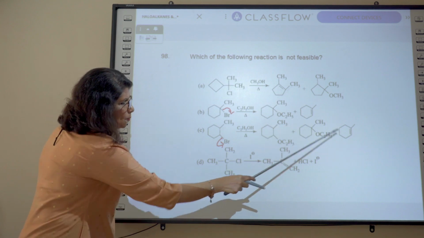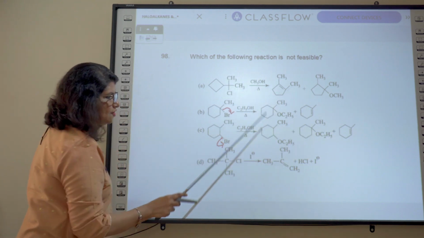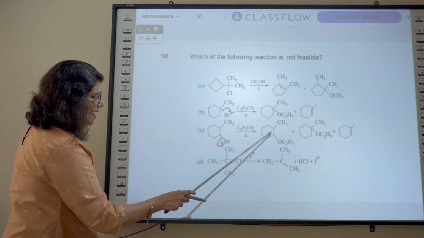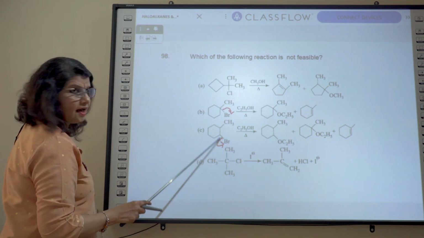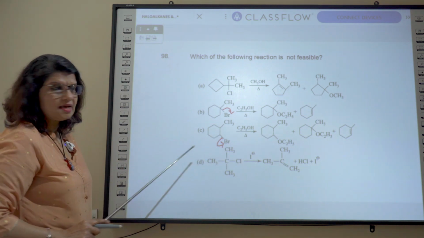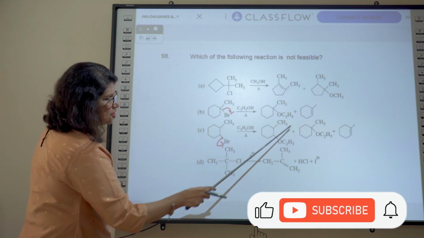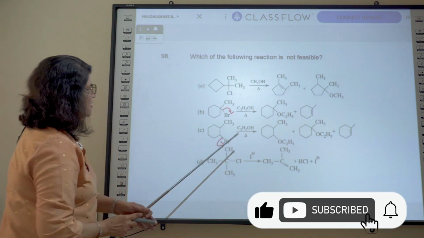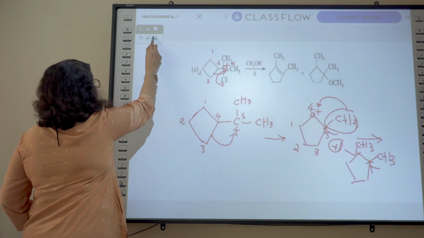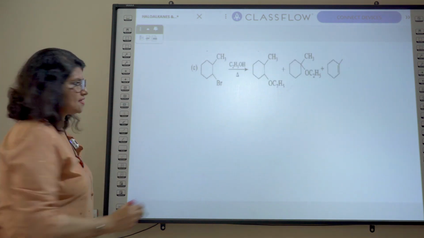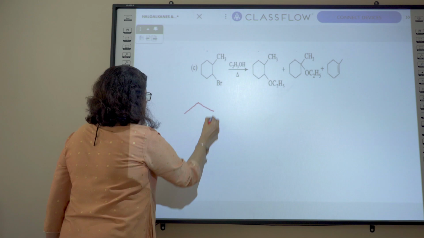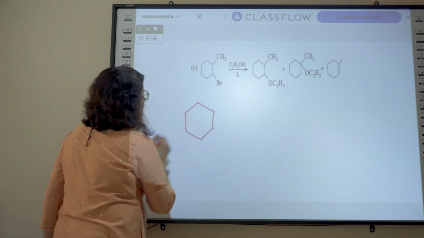So these two products can be explained by the formation of a positive charge at this position when the Br is lost as a Br minus. How do we explain the formation of this product? That can be explained in this manner. So I have written down the reactions here. Let me first draw the structure of the carbocation that we first get.